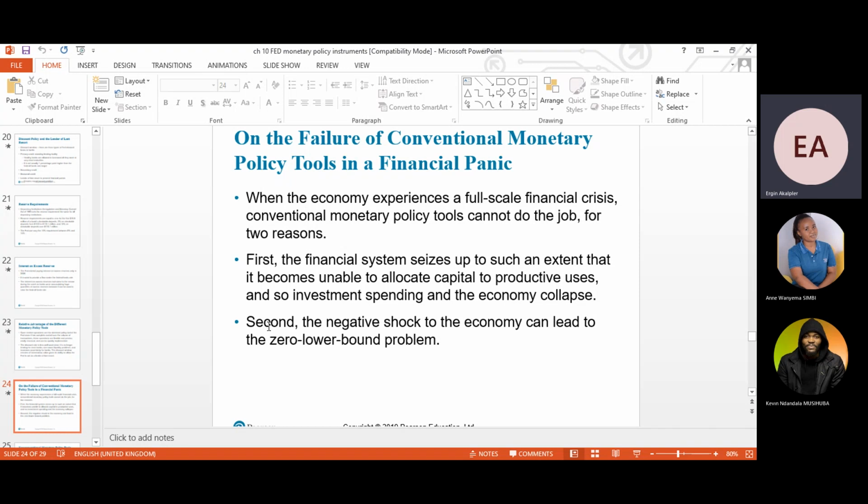First, the financial system seizes up to such an extent that it becomes unable to allocate capital to productive uses, and so investment spending and the economy collapse. Second, the negative shock to the economy can lead to a zero lower bound problem. This is how it is. So it is a very difficult issue to maintain these policies if the mentioned reasons are in the market.